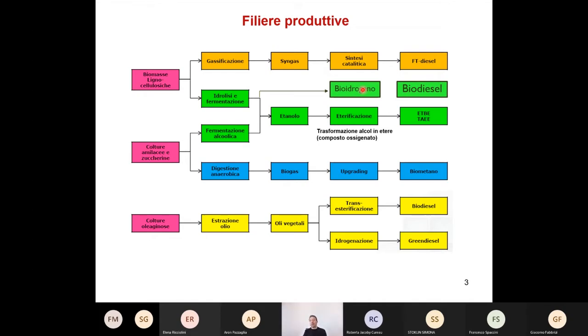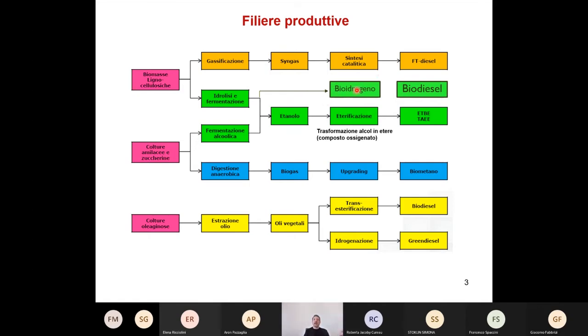For example, you can move from lignocellulosic biomass through hydrolysis and another typology of fermentation to obtain not ethanol but green hydrogen or biohydrogen.